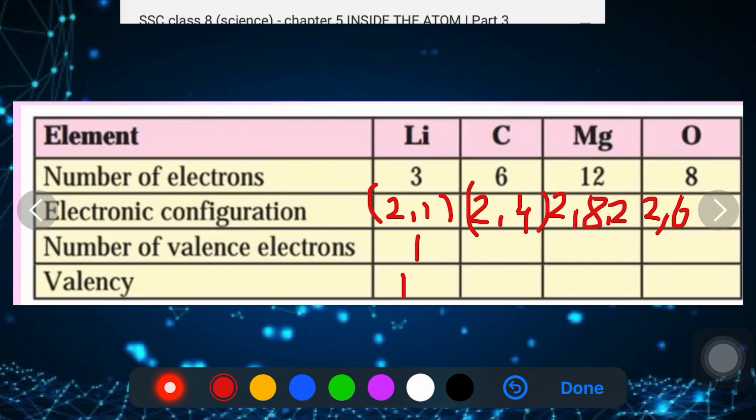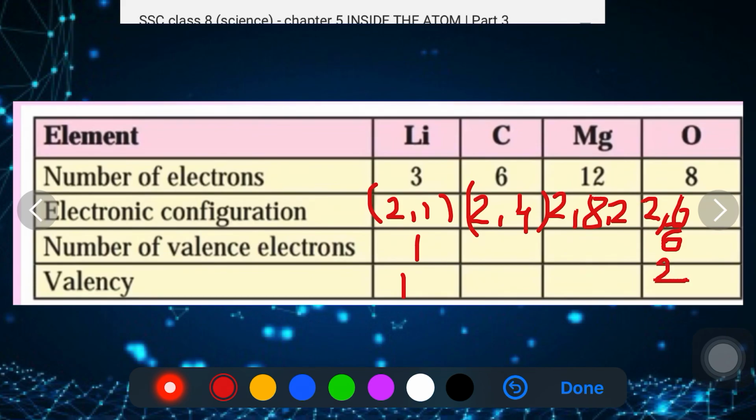And the last one I will do for you, that is oxygen. Its 8 electrons, that means electronic configuration will be 2, 6. Why? Because 2 electrons will be in the K shell and the remaining 6 electrons will be in the L shell. Okay, that is the electronic configuration. So the number of valence electron, the electrons in the outermost shell, will be the valence electron, so 6. And valency is 8 minus 6, that is 2.